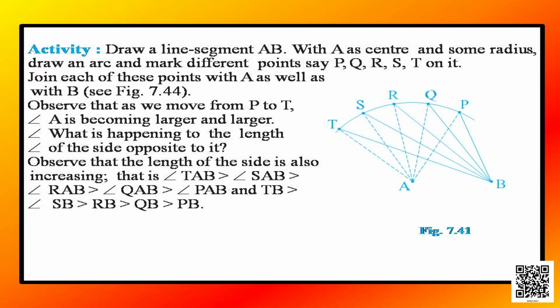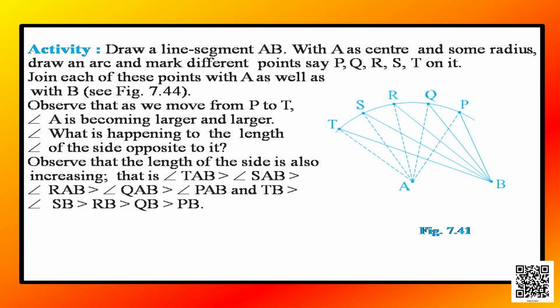Okay. So students, let us perform another activity. Draw a line segment AB with A as center and some radius. Draw an arc and mark different points, say P, Q, R, S, T on it.